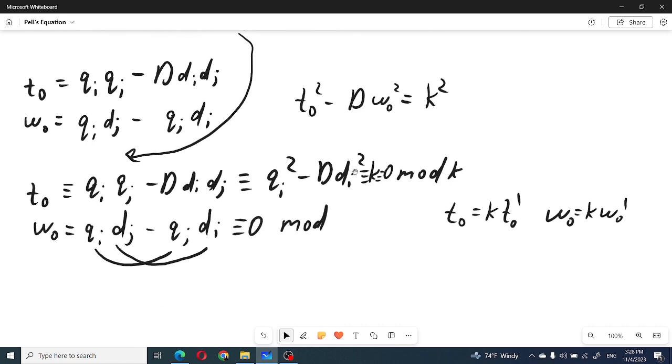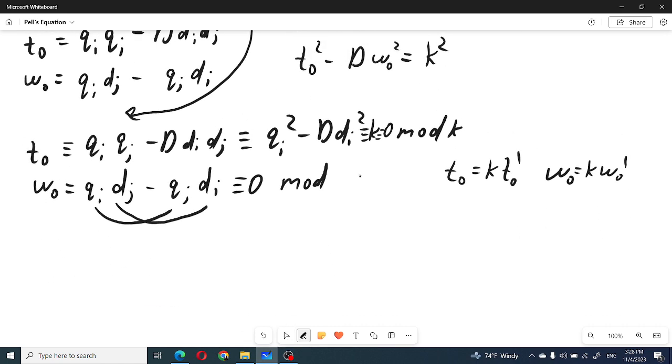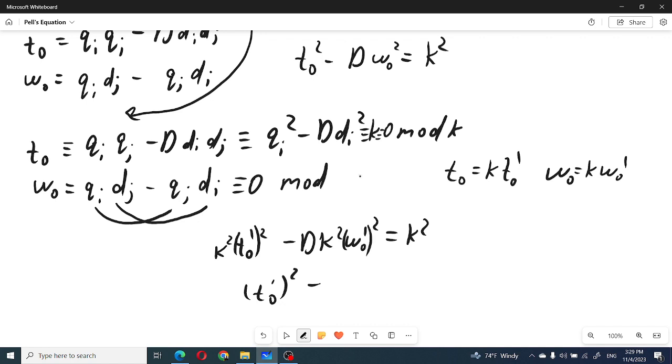And in this case, if we insert into this equation, k square times t0 prime square minus d times k square times w0 prime square equals k square, and if we cancel out k squares, we get that t0 prime square minus d times w0 prime square equals 1.